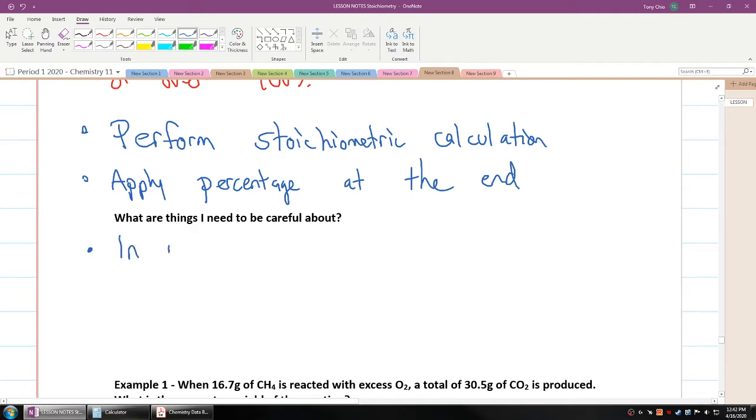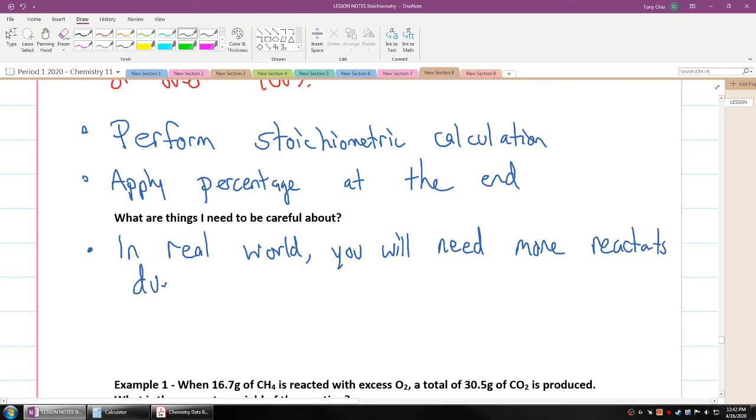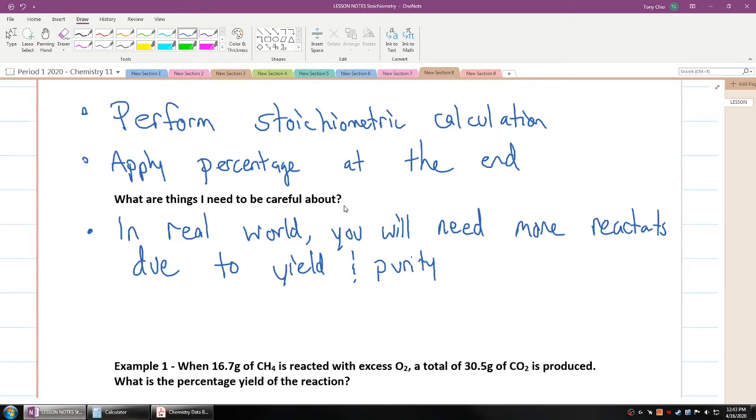So in the real world, you will need more reactants due to yield and purity. So that is why it's really important. Sometimes we are going to need more reactants because of this.